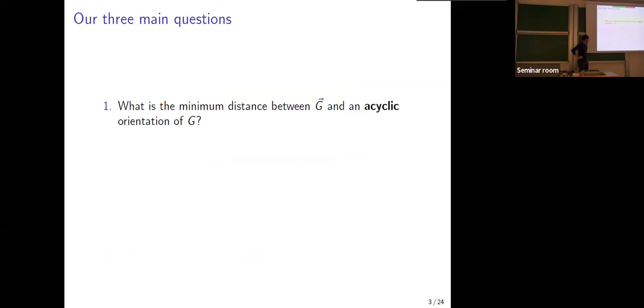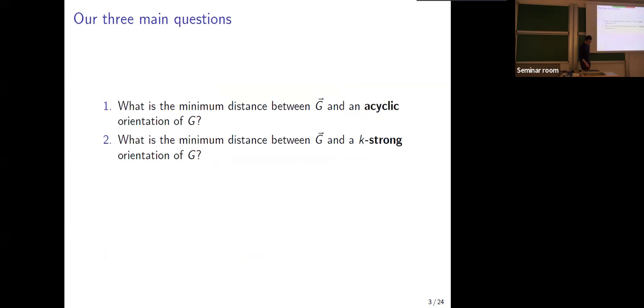And we investigate three main questions. The first one is how to make an oriented graph acyclic. We have an oriented graph and we want to make it acyclic, and we ask how many inversions I need to make in order to obtain a directed acyclic graph. A second question will be somehow the opposite: how to make it k-strong?